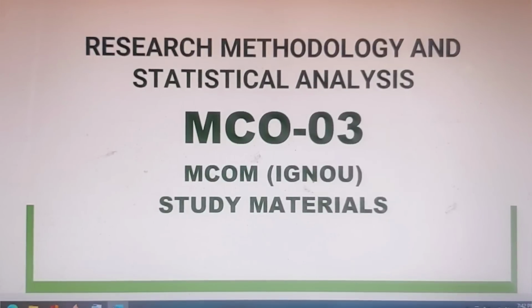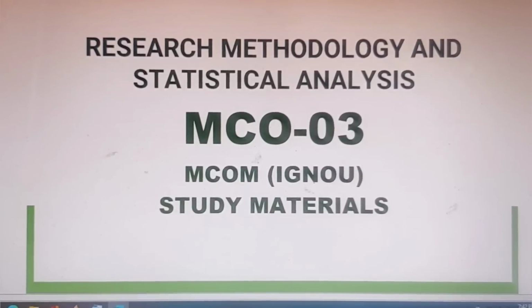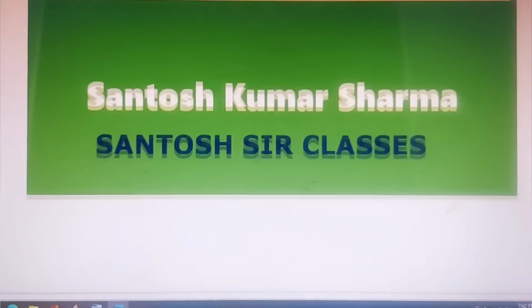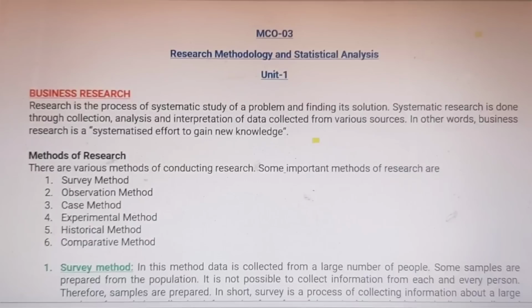Let's start the video, and this is what we are going to do. The subject name is Research Methodology and Statistical Analysis, MCO 03. This is my study material, and from these study materials I am sharing all the important topics unit wise.